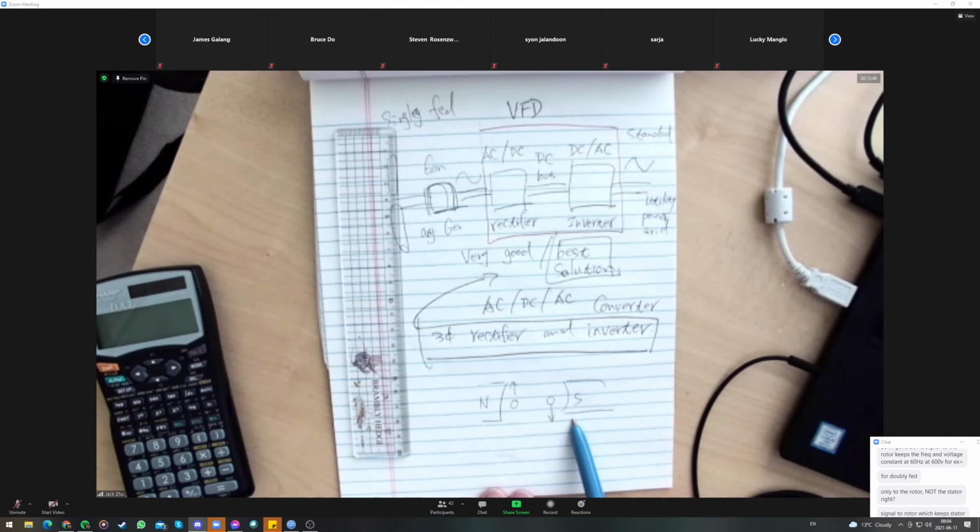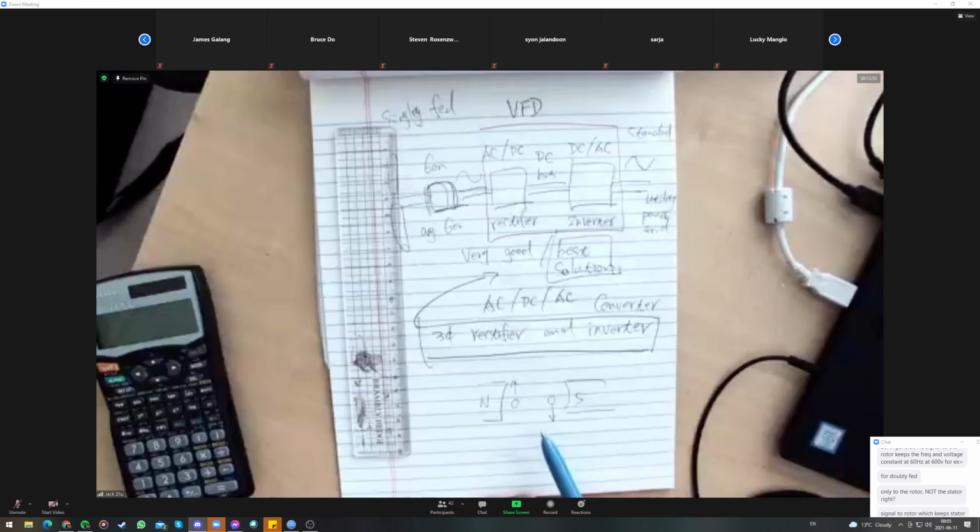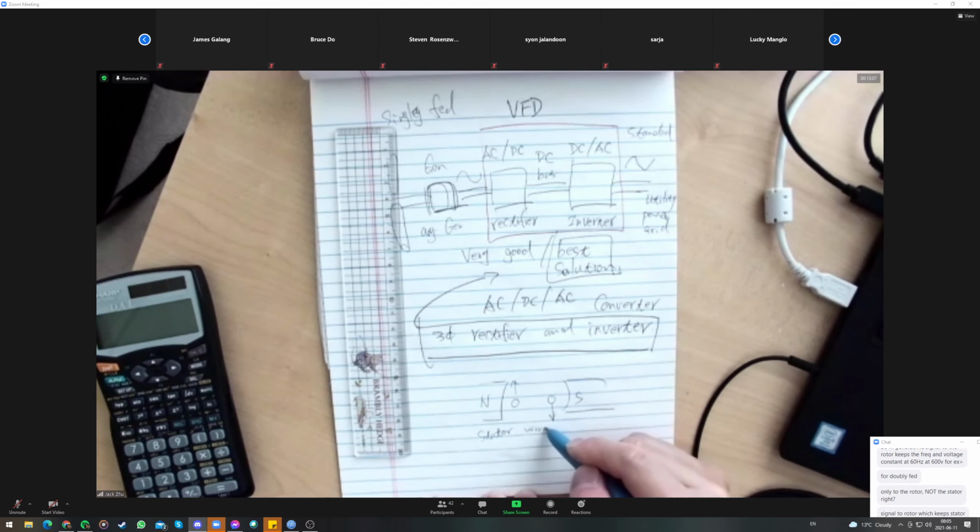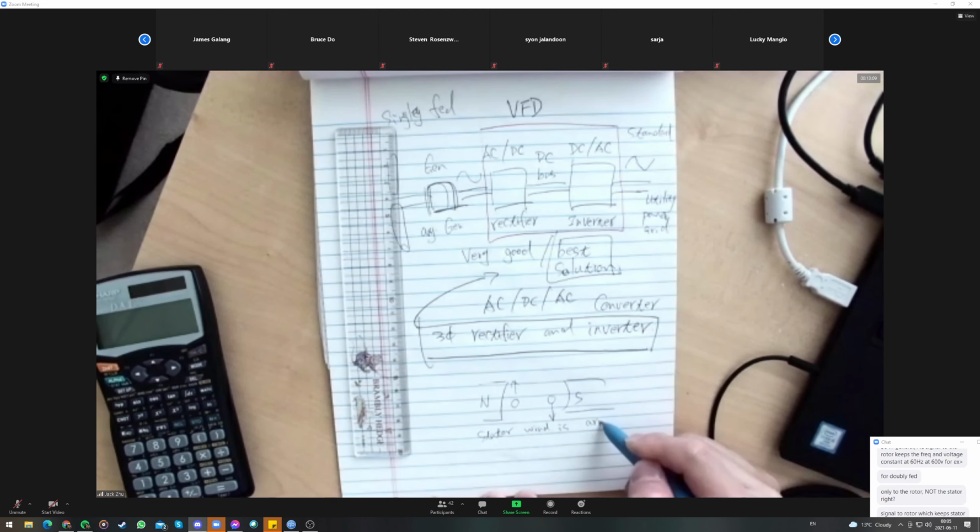But then we told you, for the real big generator used by the utility company, actually we have the stator winding, which is the armature, because we try to generate the voltage on there.